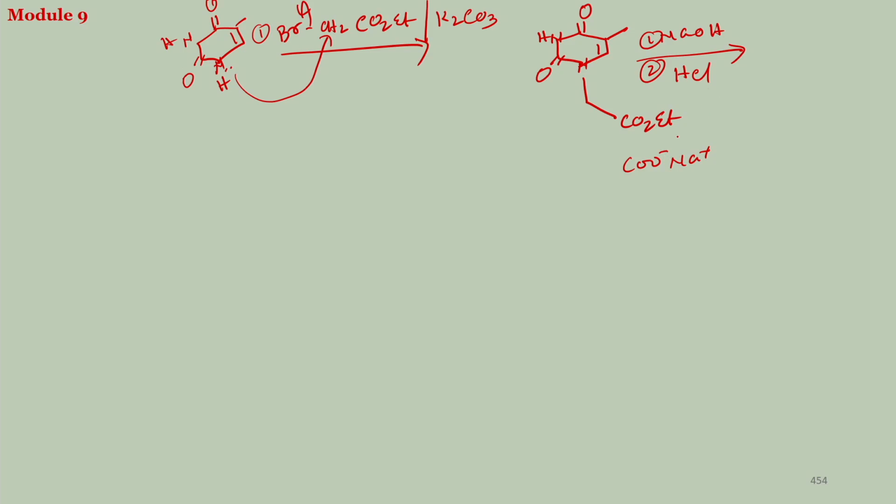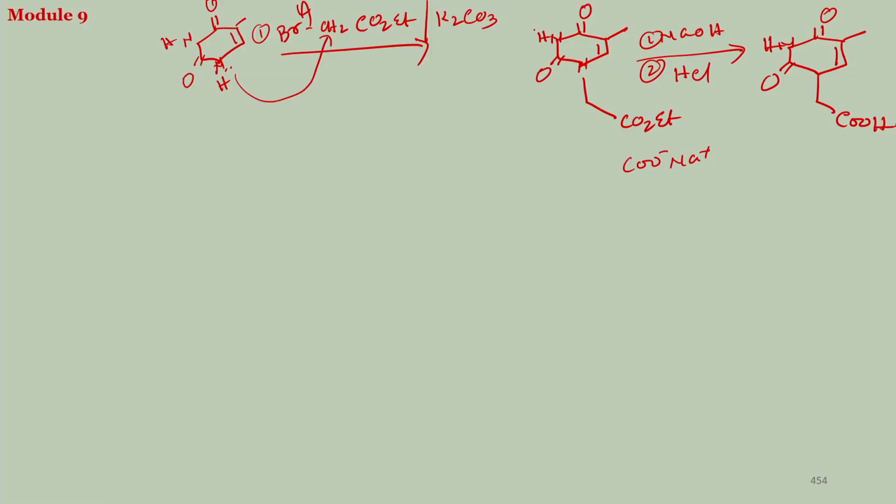So, it will be a COOH, that will give you this. Of course, there is still a chance that when this is reacting, this NH can also react. So, under suitable experimental conditions, you have to optimize the reaction so that the side products are low. So, this is done.